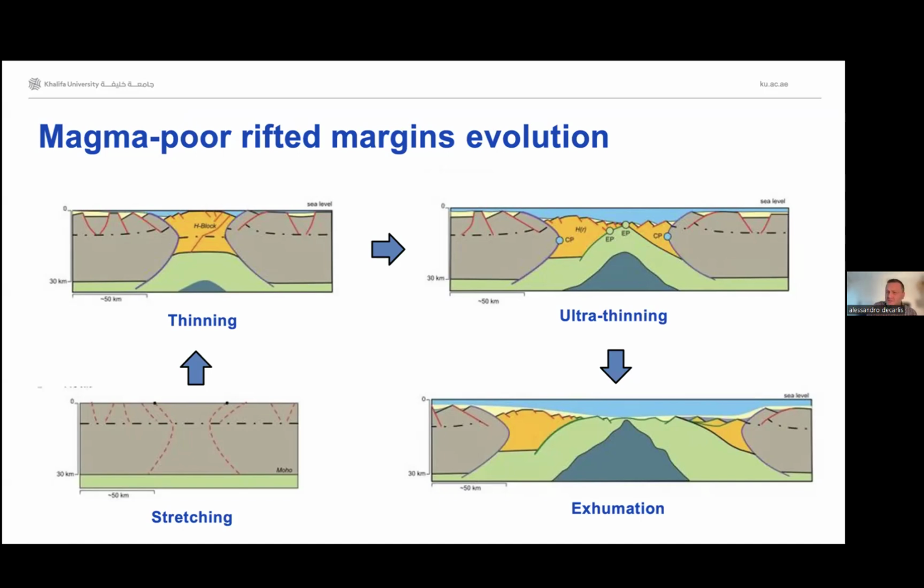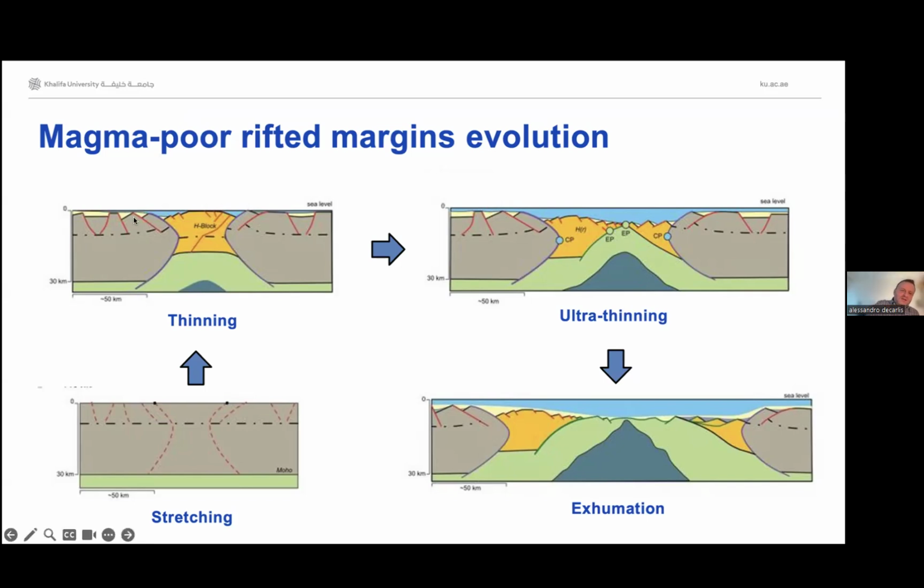We have a stretching. So we are working on a craton in extension without creating real thinning. At the beginning, we only have half-graben basins, okay, with a limited amount of thinning. And then we start to develop the real thinning of the crust, in the thinning stage where we create necking zones.